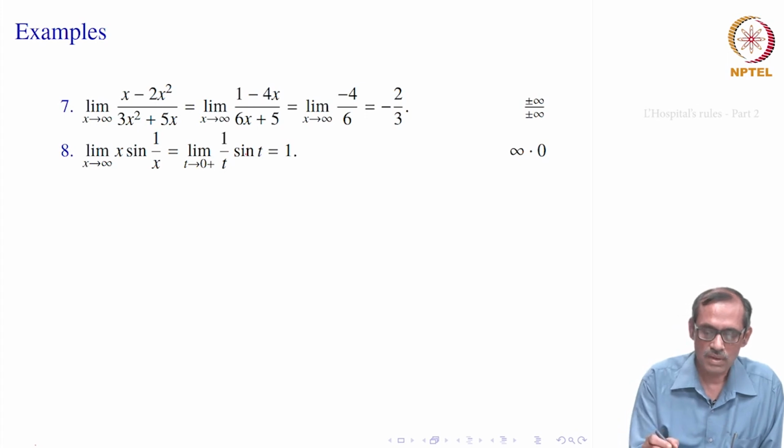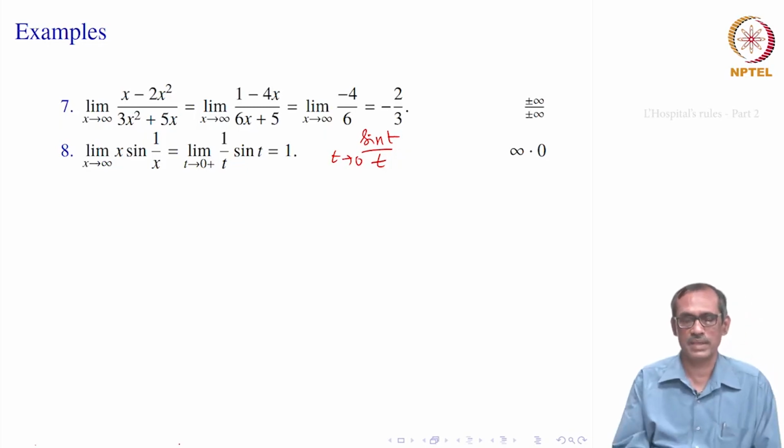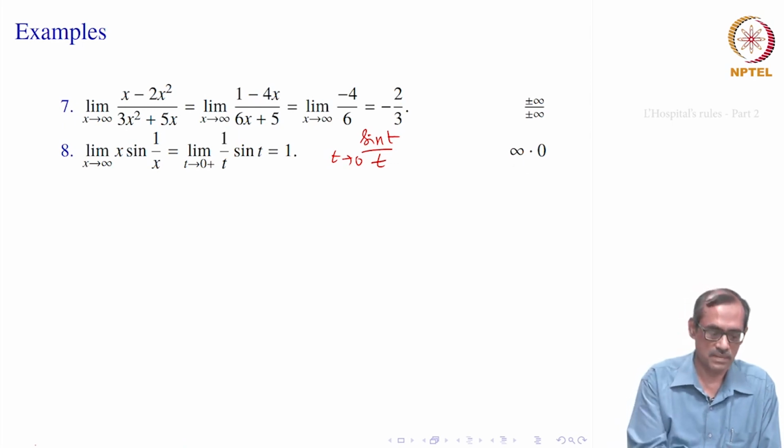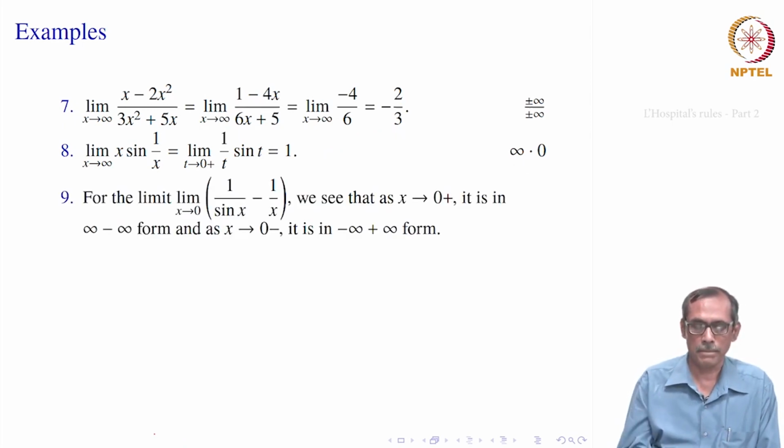So, now again it is directly in the form sin t by t as t goes to 0. That we know to be 1, we do not need L'Hopital's rule here, fine. But if you apply it, of course, you will get the same thing, fine.